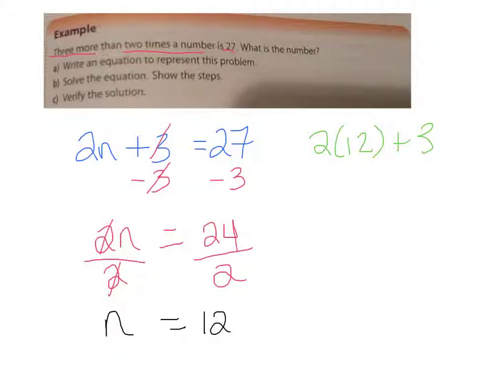So 2 multiplied by 12 I know is 24. And then I know that 24 added to 3 is 27. So we were indeed correct with our answer there. And so just one last reminder before you get working on the practice questions for this section is that it's really important not only to solve the equation, but to verify your solution.